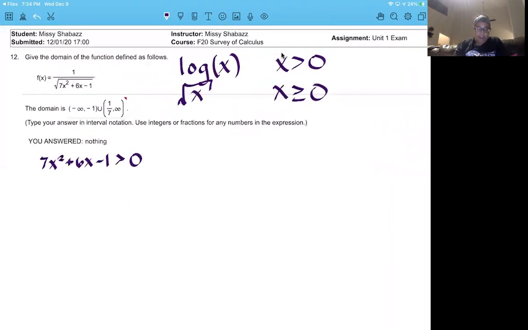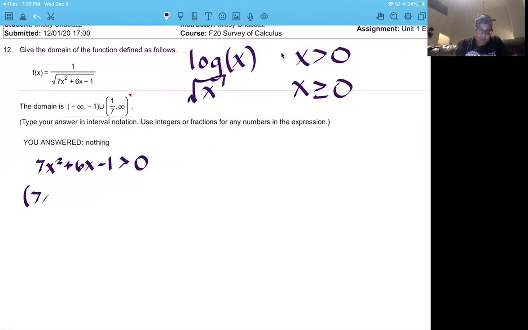And then I'm going to factor. So I'm going to have a 7x and an x. Both of these are going to be 1. I need the one that multiplies with the 7 to be positive and the other one to be negative. My critical points in this case are going to be x equals 1/7 and x equals -1.